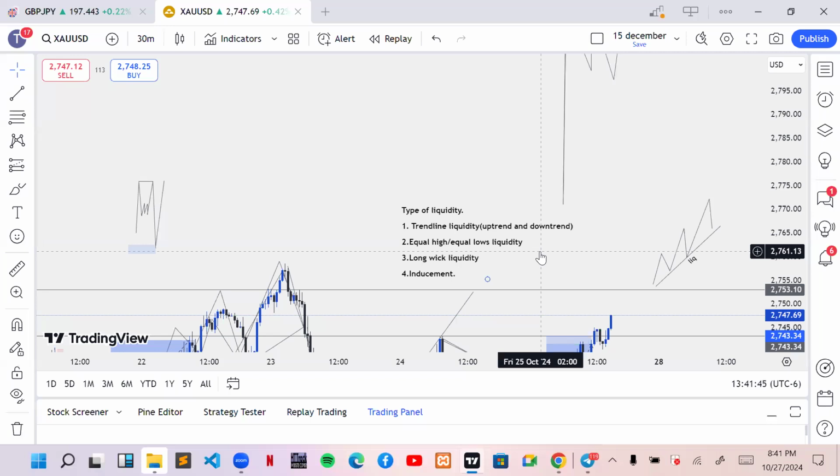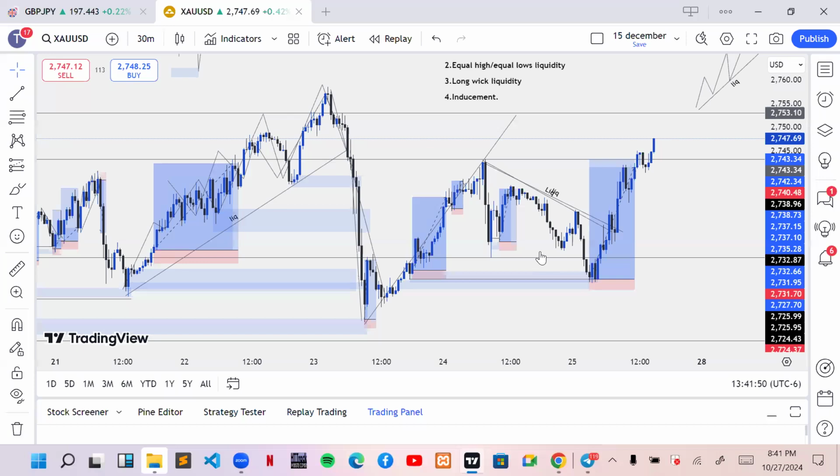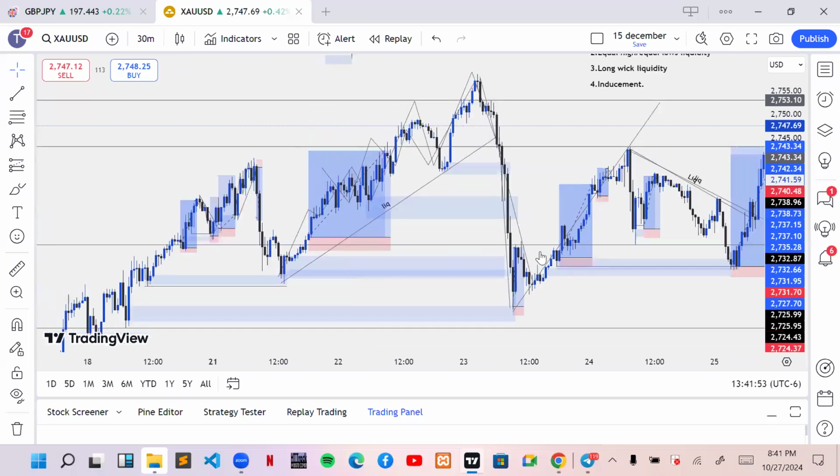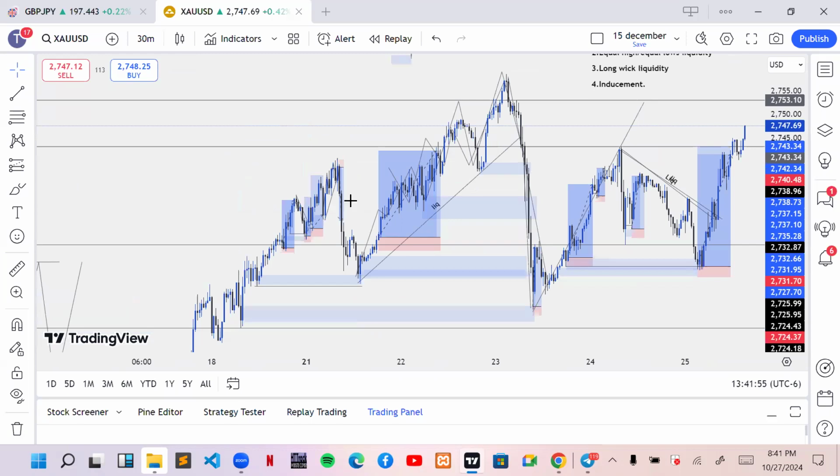Also, another place to take your take profits is a valid point of interest. For example, let's say you take a trade now, a buy, and there's an order block up here. Before you can consider using that order block as a take profit, you have to check if it fits the criteria of a proper point of interest.